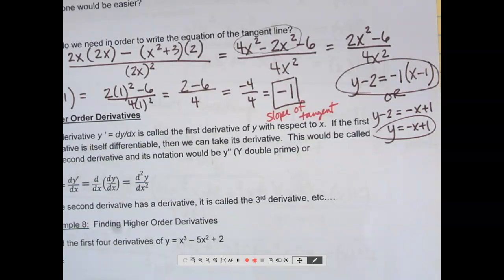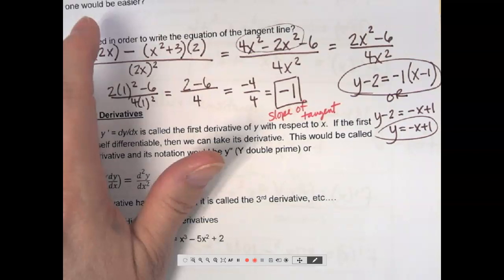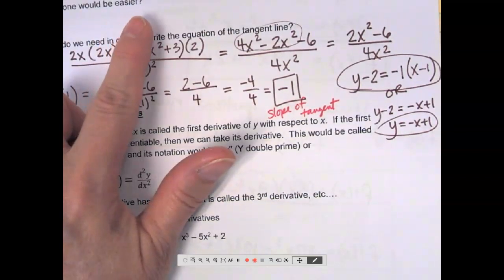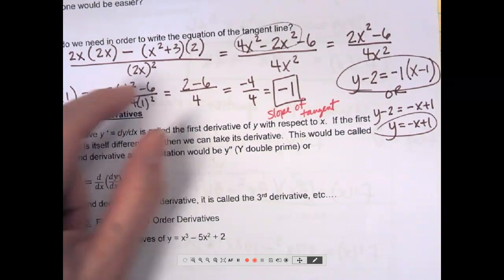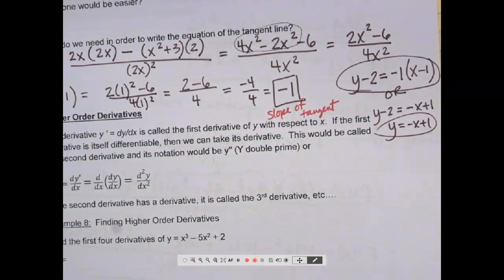Okay. Abby? This one, for the first part of the first question, did we use the quotient rule? We ended up using the quotient rule. Would it have been easier to do the quotient rule because we didn't want to find the derivative of the fractions or negative? Yes.